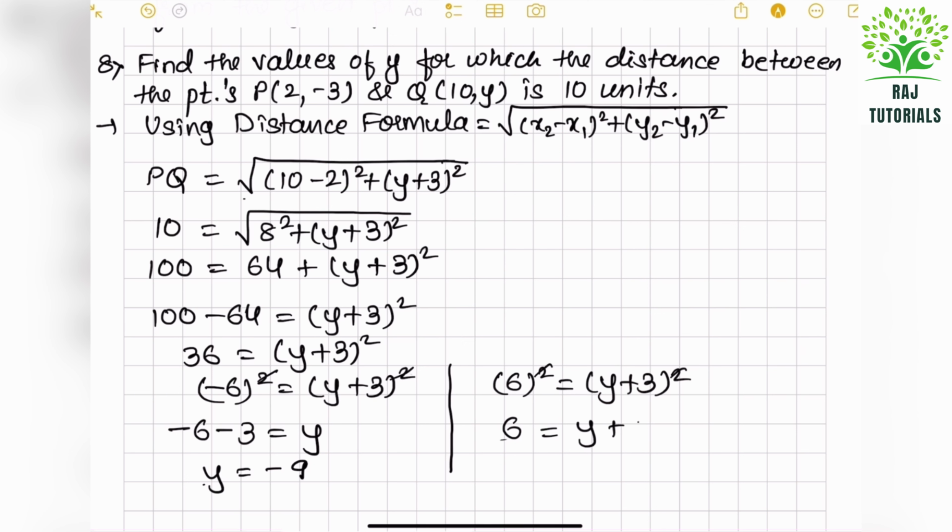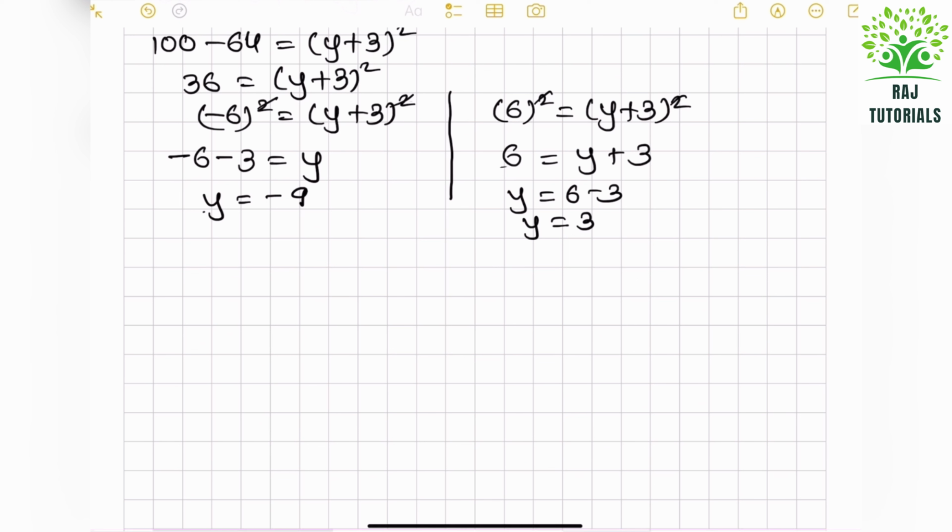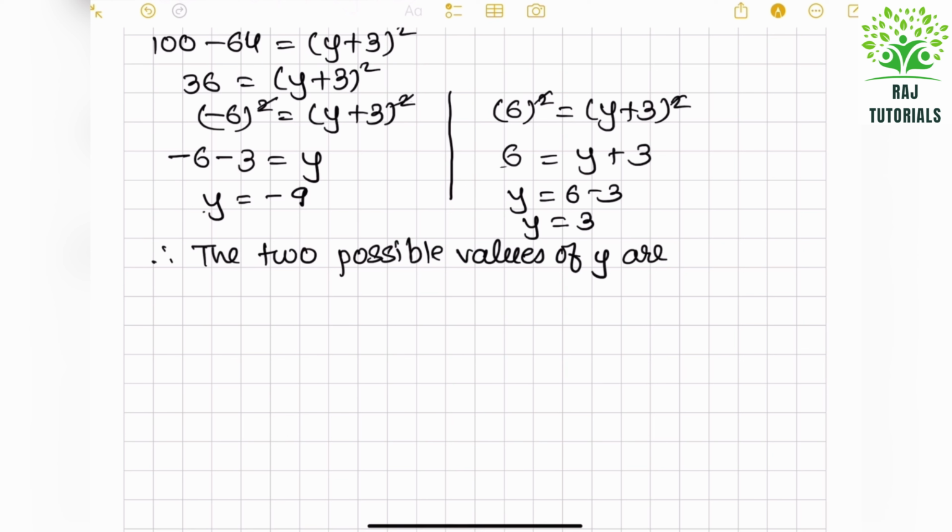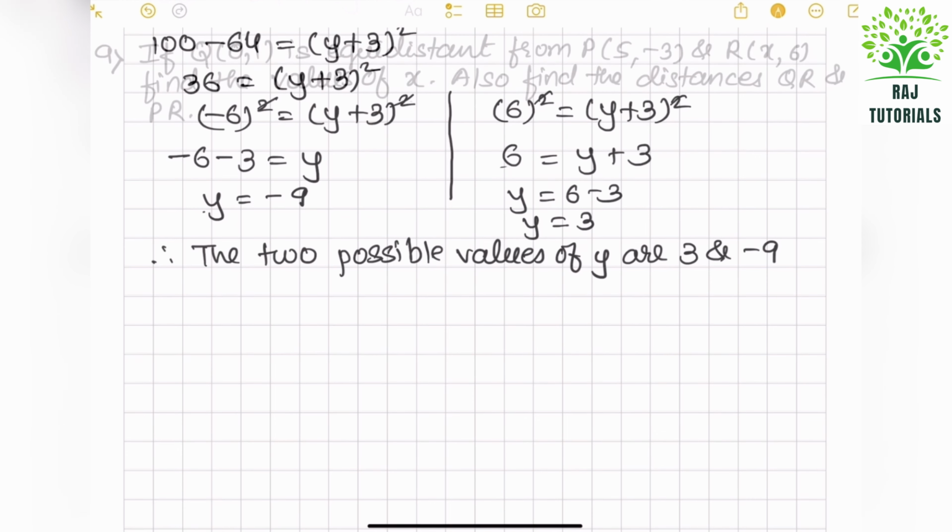Or 6 equal to y plus 3. So y equal to 6 minus 3. So y equal to 3. Therefore, the two possible values of y are minus 9 and 3.